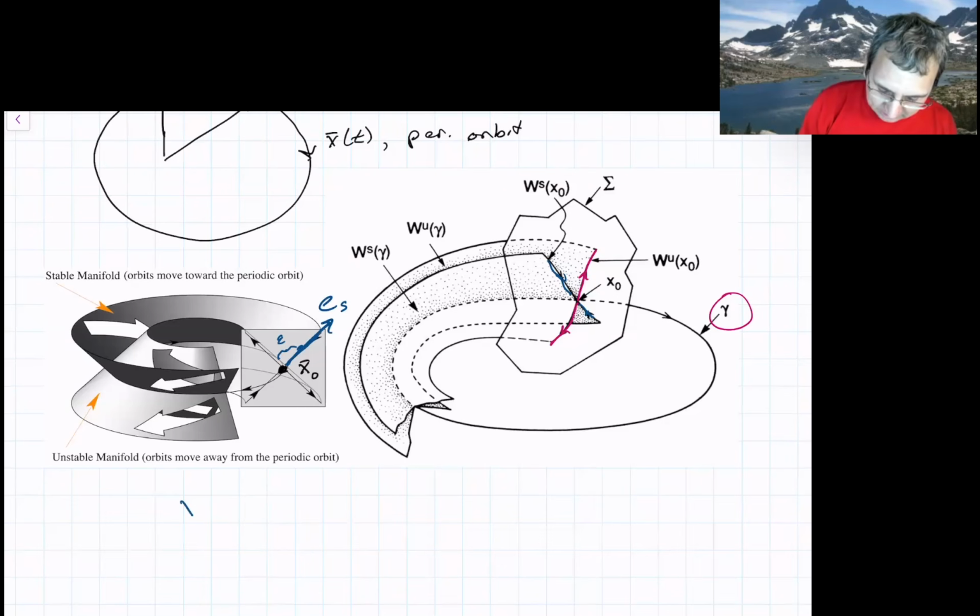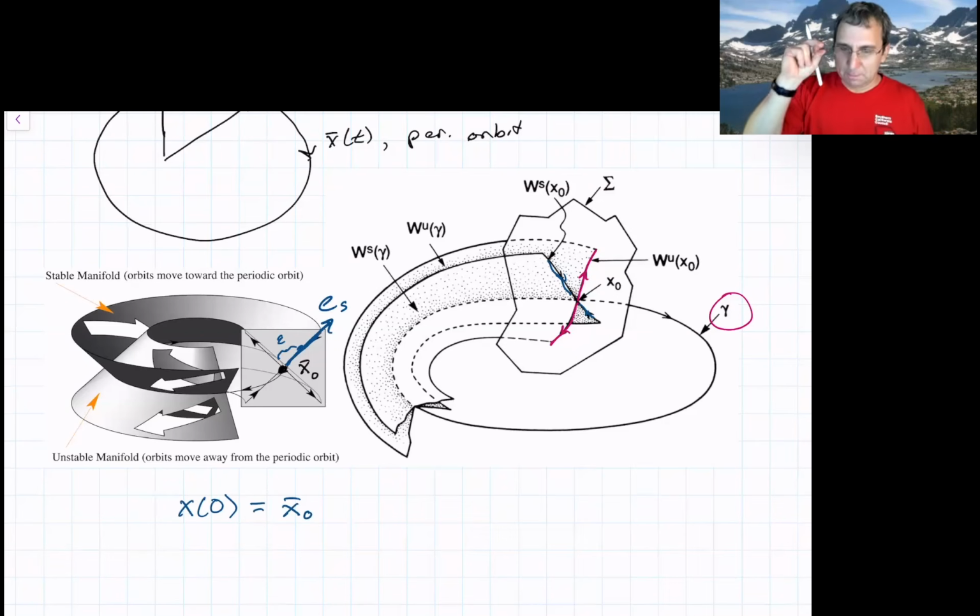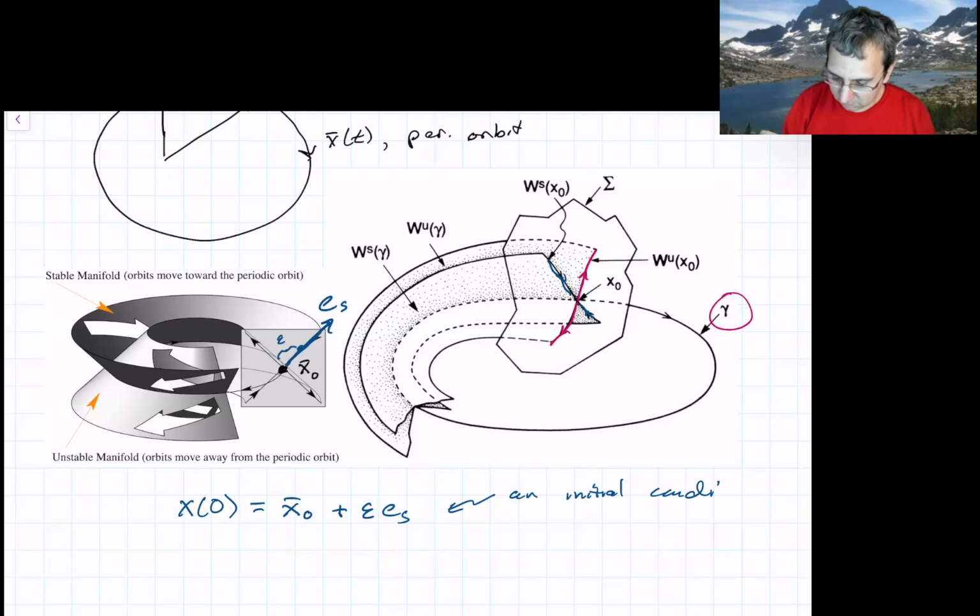So we would take an initial condition, I'll call it x0, and we choose it to be the periodic orbit initial condition plus some small amount along the stable eigenvector. This will be an initial condition along the stable manifold.